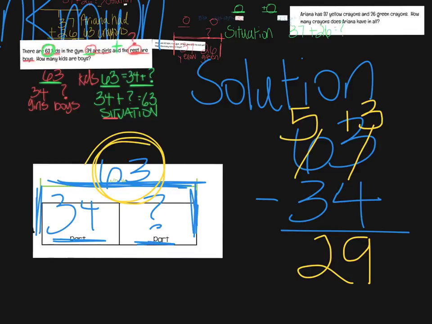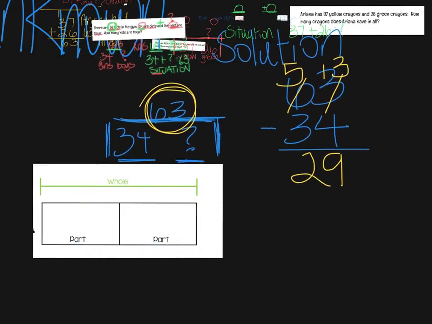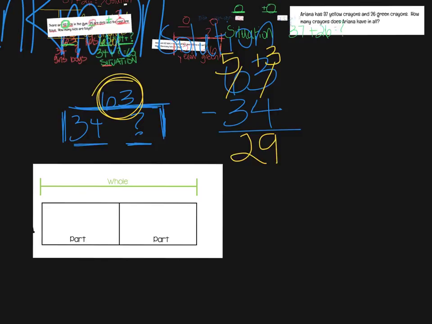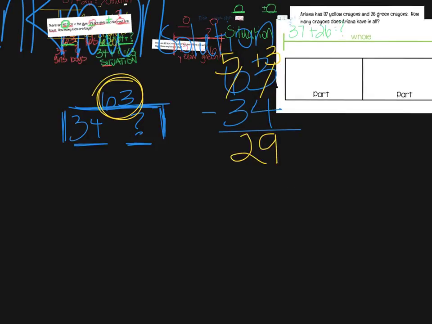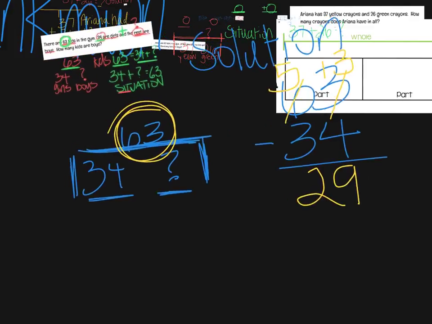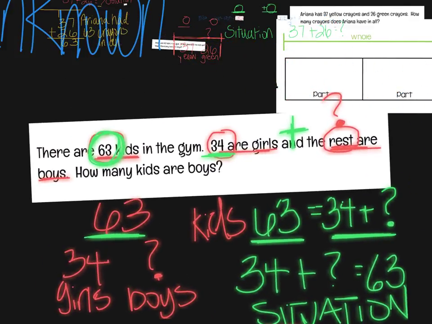Now let's go back, because in our mind movie we had to do the numbers, then we solved. Step 5 was solve, and step 6 in our mind movie is to answer the question in words. So let's do that. We figured out the situation equation, the solution equation. Now I just want to put my answer in words. So going back to my original problem, my question was, how many kids are boys?